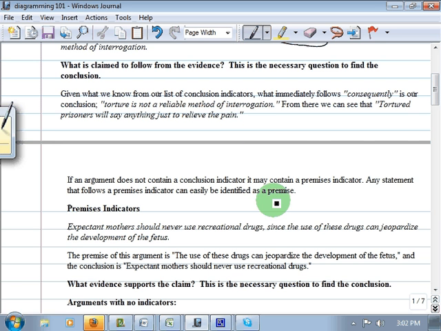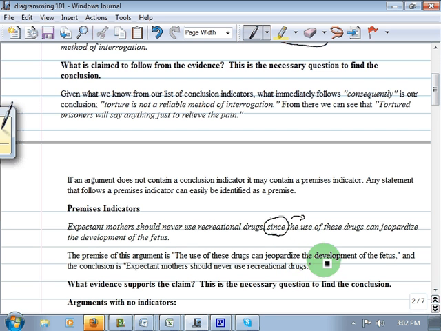If I don't see a conclusion indicator, the next best thing is a premises indicator, since. And I know that this now is my evidence for this claim. So we have the opposite. The premise of the argument is the use of these drugs can jeopardize the development of the fetus, and the conclusion is expectant mothers should never use recreational drugs. Why? Because the use of these drugs can jeopardize the development of the fetus.